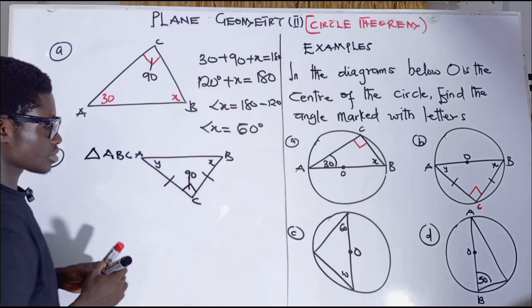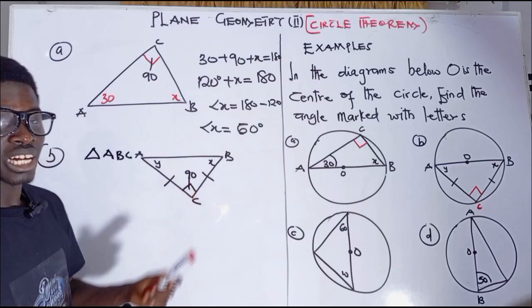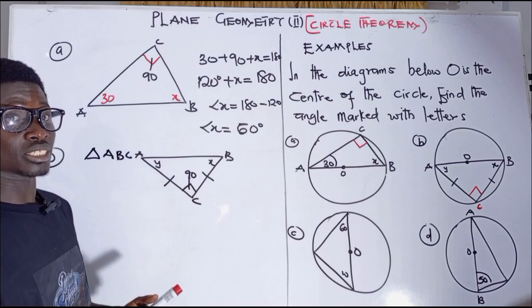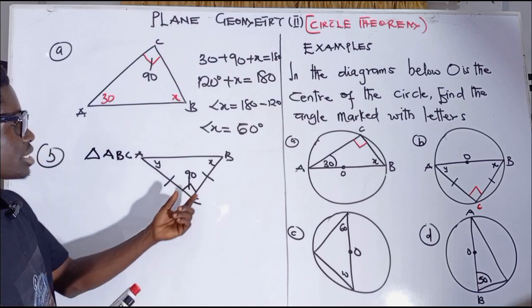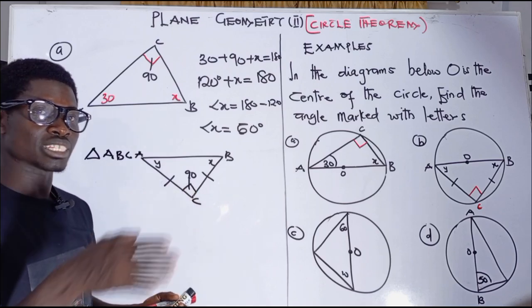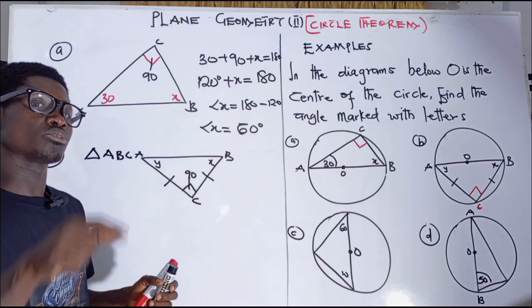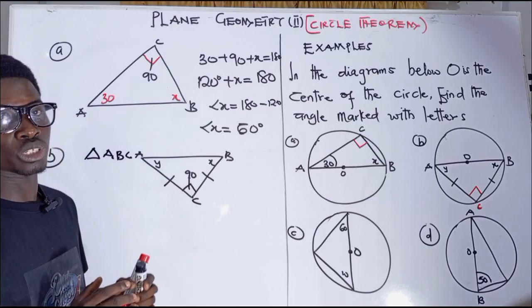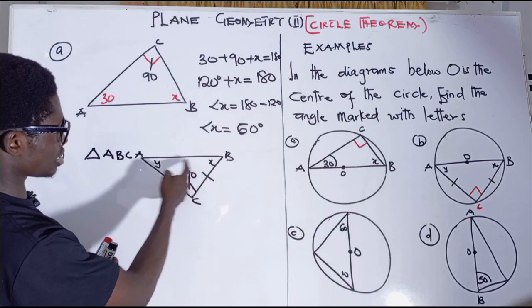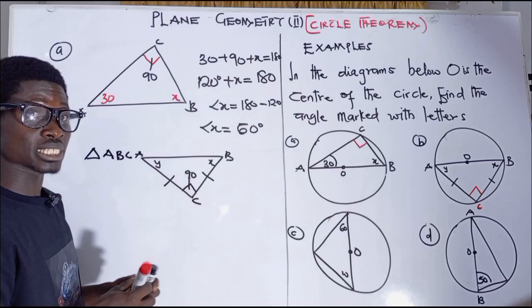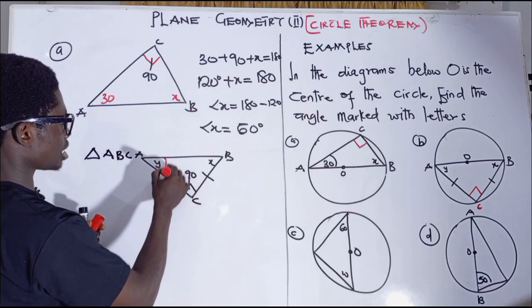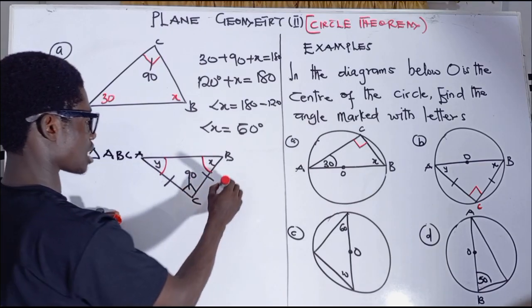Now this type of triangle is called an isosceles triangle. I believe you remember. With an isosceles triangle, two of the sides are equal, and then the base angles are also equal. The base angles I'm referring to are these two angles, and they are equal for an isosceles triangle.